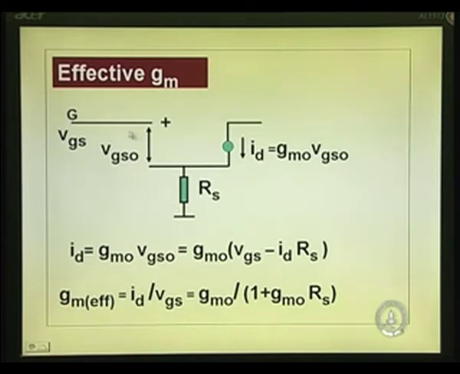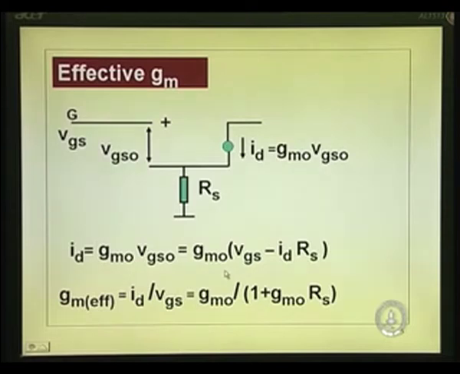So, that is why VGS0 is VGS total voltage minus ID times RS. So, minus this drop. That is what is put here. Now, what you do is make rearrangements, and ID into 1 plus GM0 into RS is equal to this quantity, GM0 times VGS.